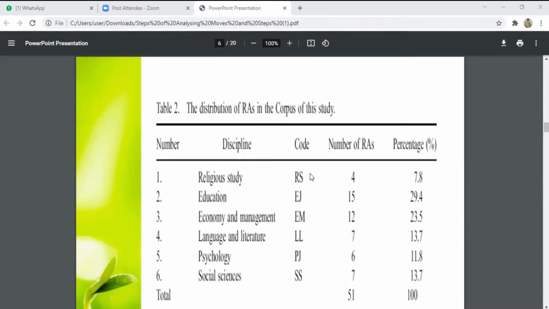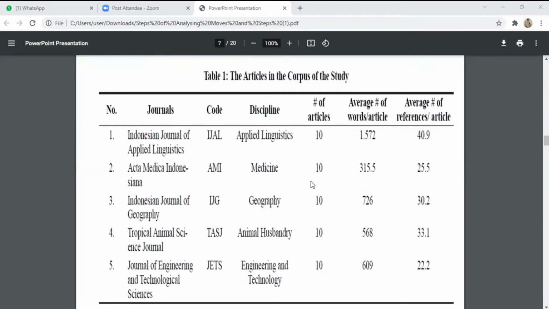Okay, this is another example: the articles in the corpus of the study. I took 10 articles from each journal. I took 10 from the Indonesian Journal of Applied Linguistics, and then I give the average number of words per article.